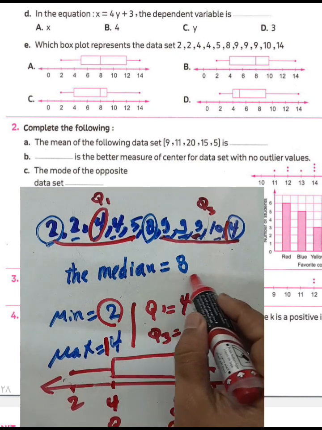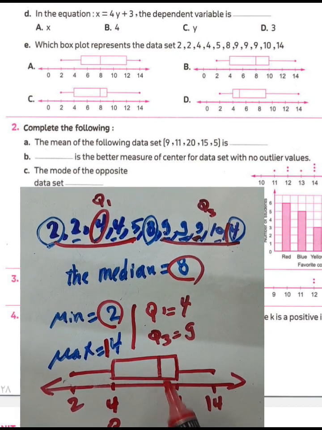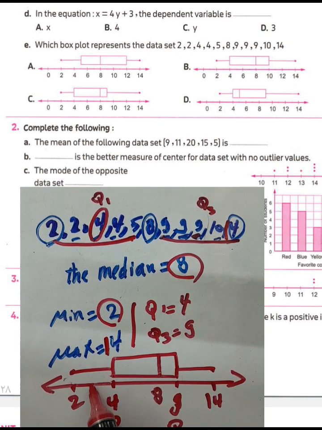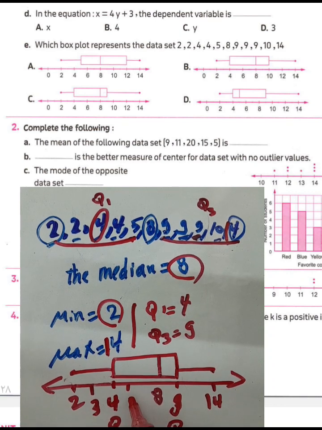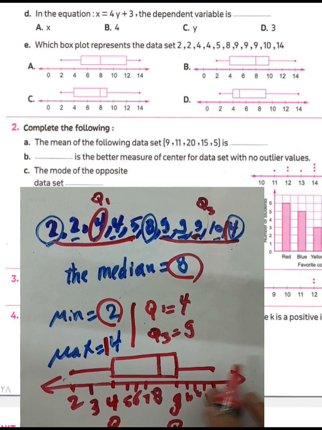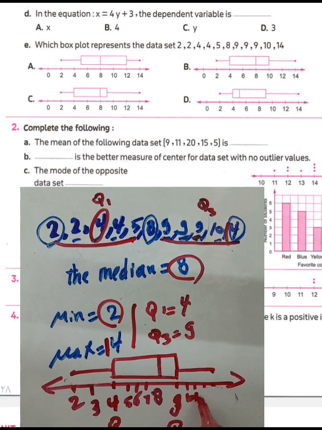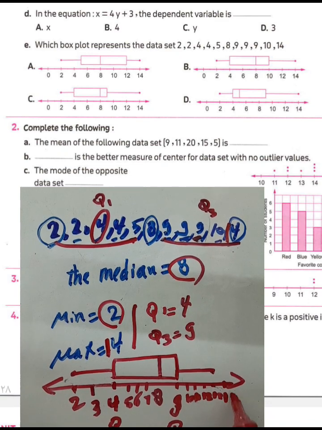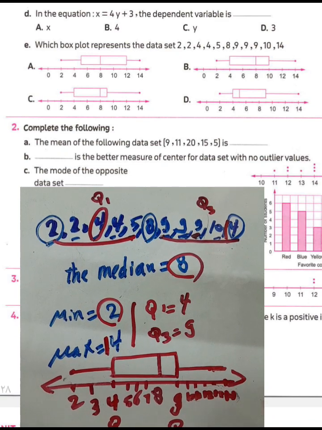And the median was 8. It's the median. 2, 3, 4, 5, 6, 7, 8, 9, 10, 11, 12, 13, 14. Okay, then it's the result.